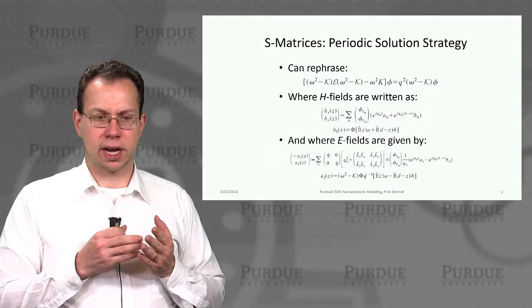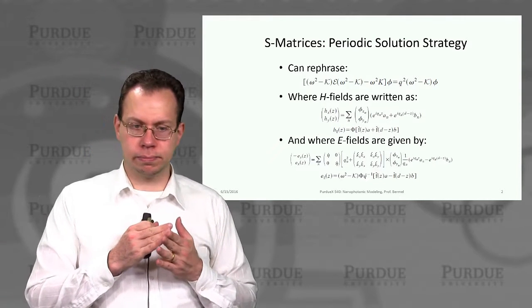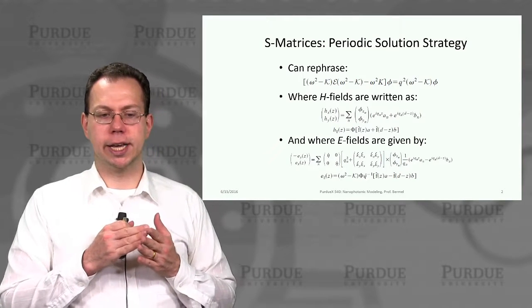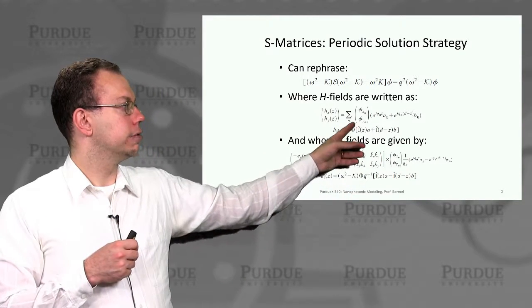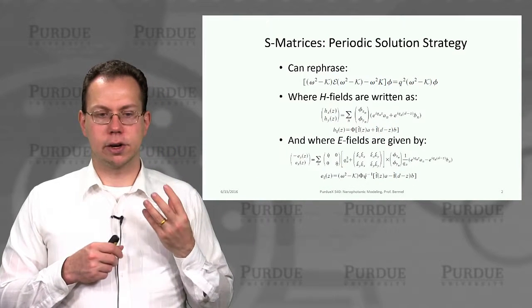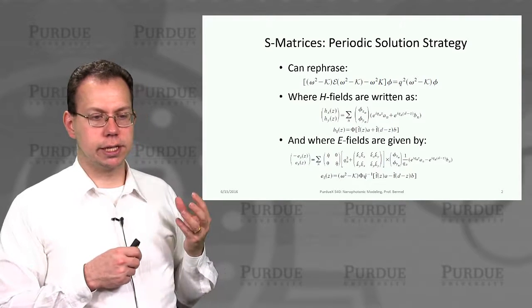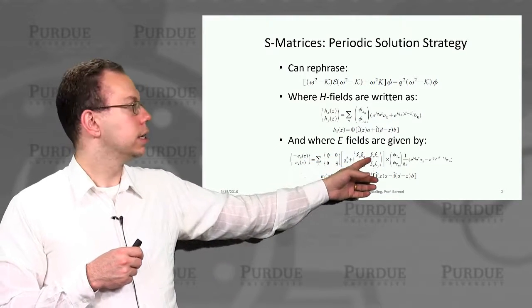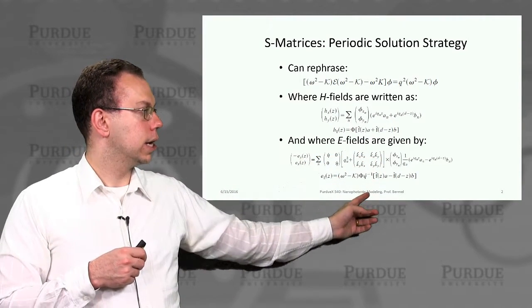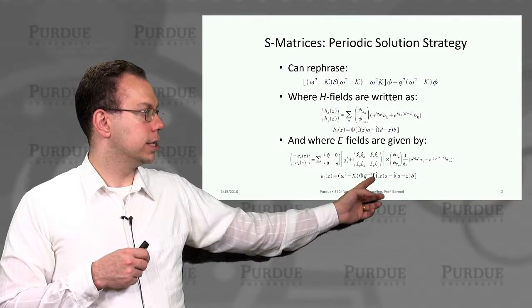And in this problem, once we have the phi x and phi y, we can fairly simply write the H fields in terms of phi x and phi y times these coefficients a and b. These a and b coefficients also relate to the parallel H fields, and you can write down a and b for the E fields in a similar way.